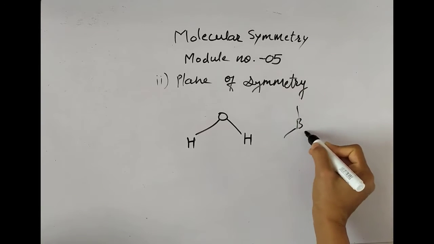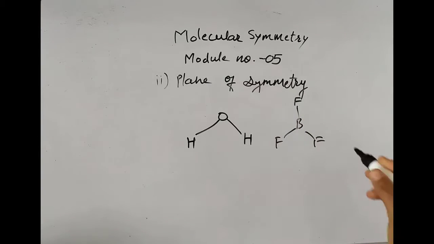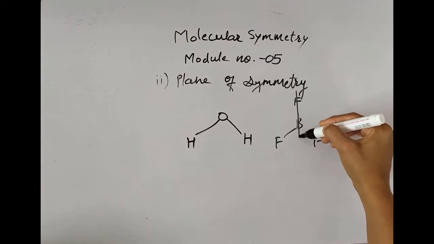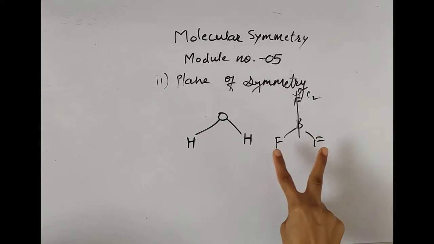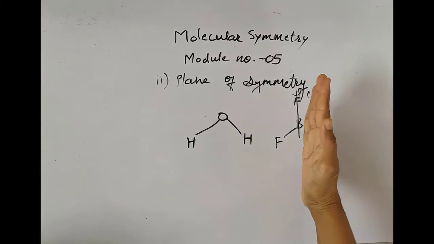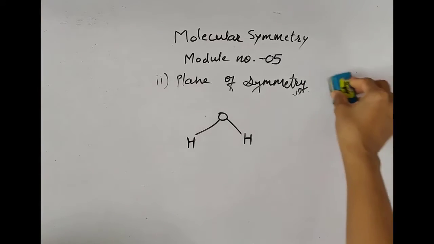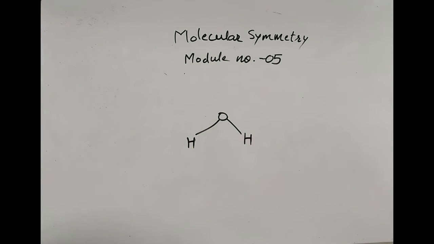In BF3 we passed a C2 axis and then rotated the molecule. In the same way we passed the plane also. Similarly, you can find the plane in the water molecule also.